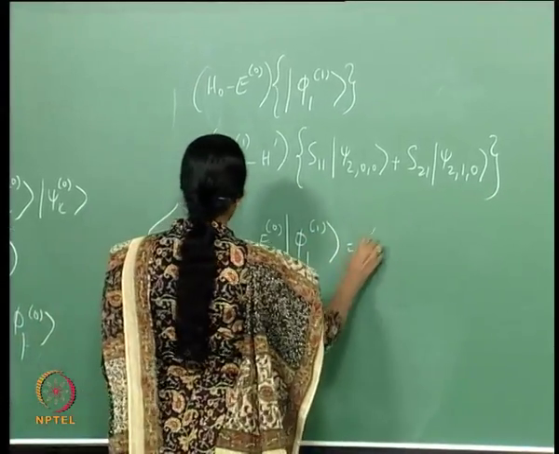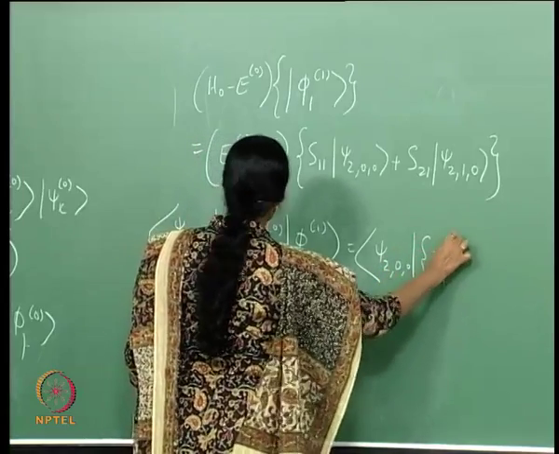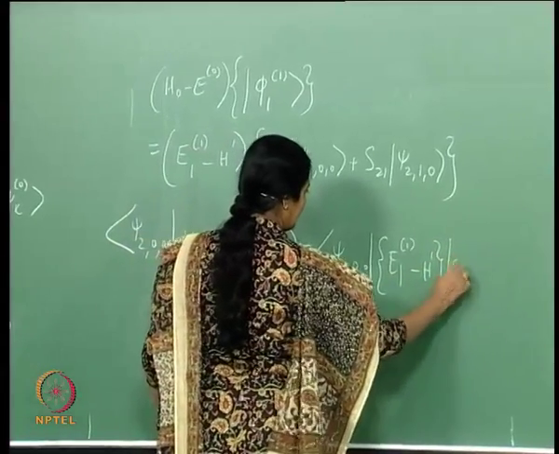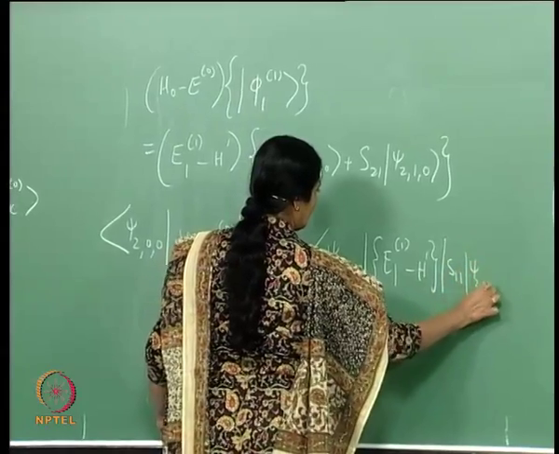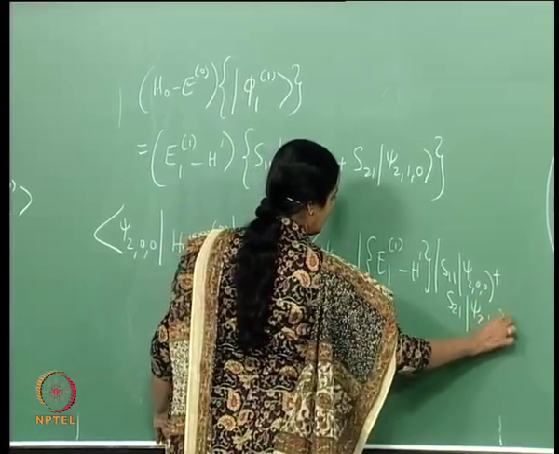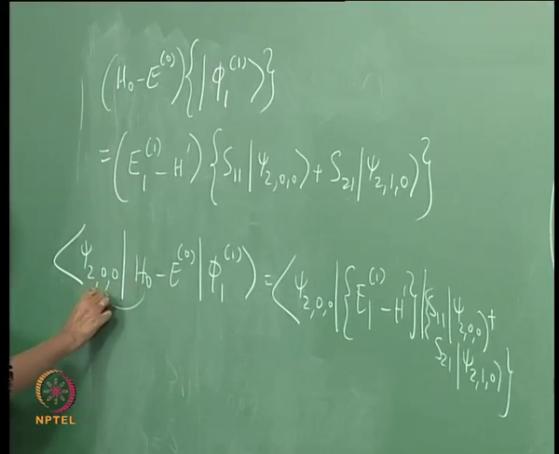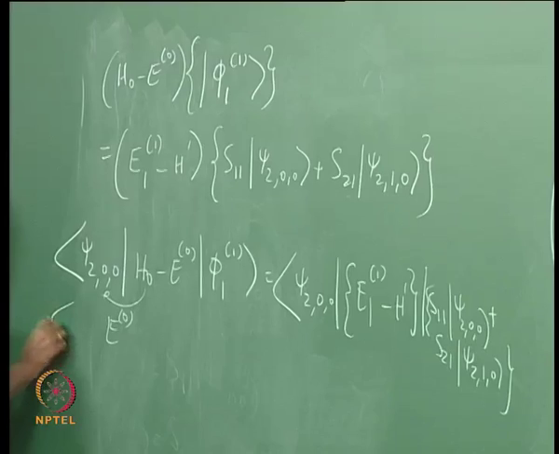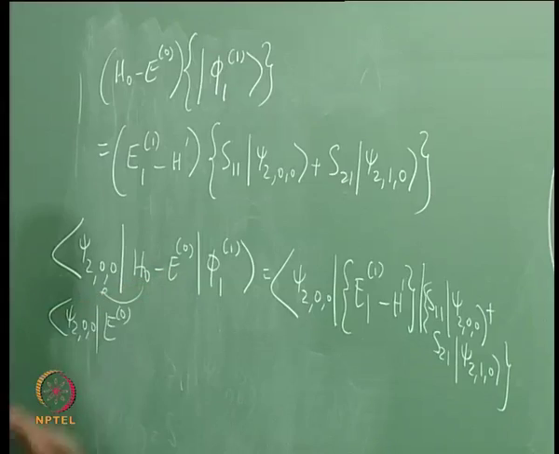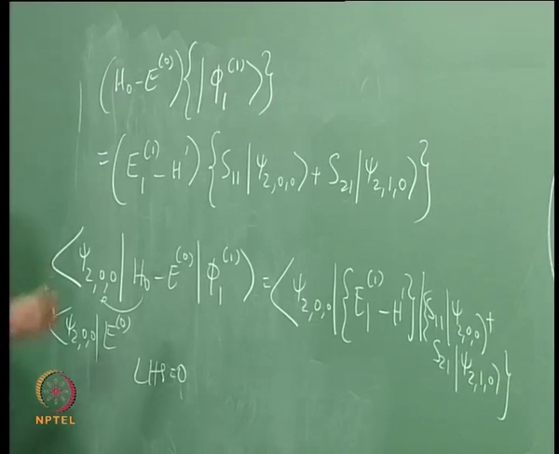What do I get? I have the following expression. This is what I have. That gives me an E 0 psi 2 0 0, and therefore the E naught cancels out, the left hand side is 0. Look at the right hand side.